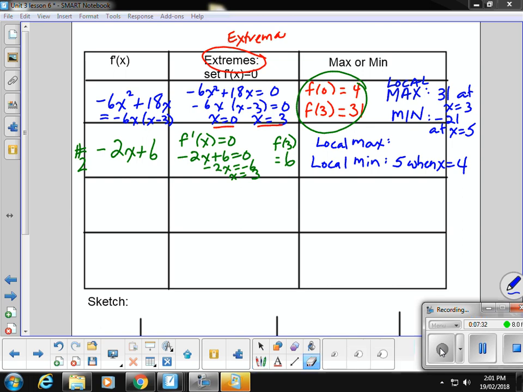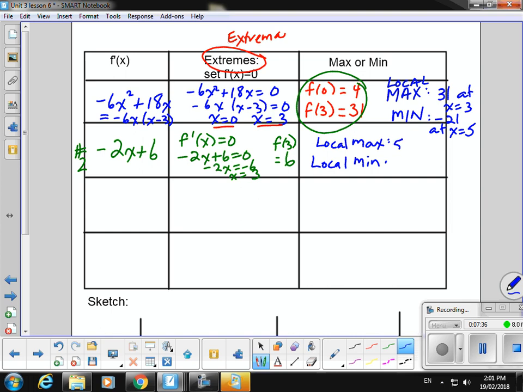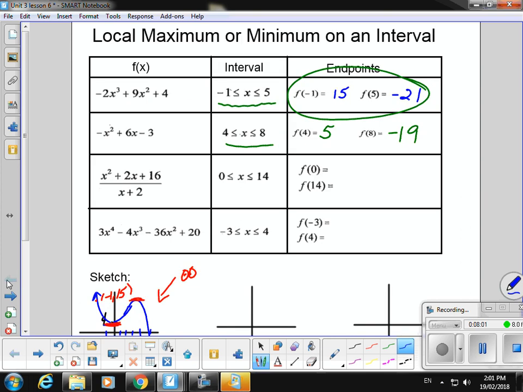The maximum is 5 when x equals 4. Technically, the maximum is 6, but it's not in our interval. Not in interval. Okay. The smallest value is that negative 19 when x equals 8. And we need to make sure that that's in the interval that we were considering, and it is.